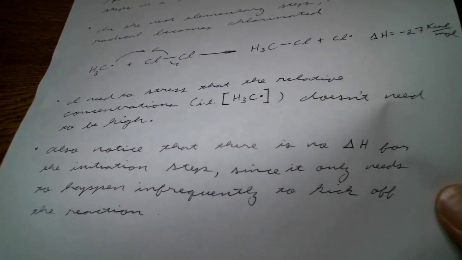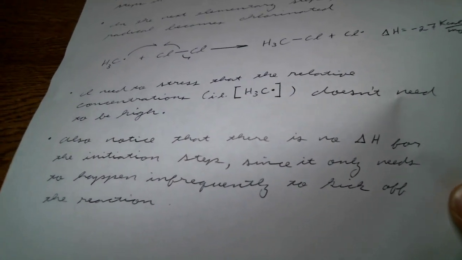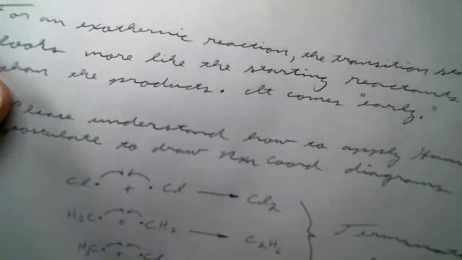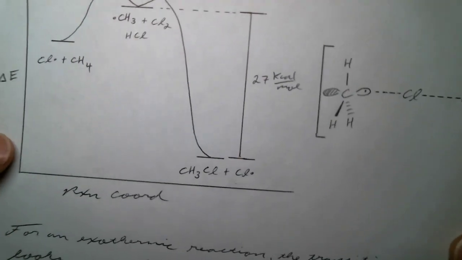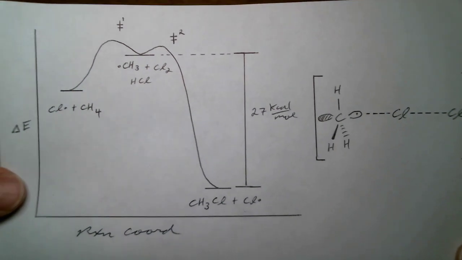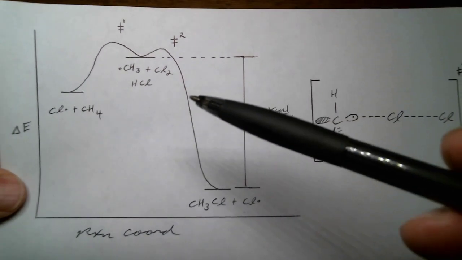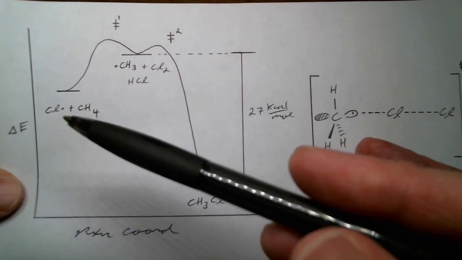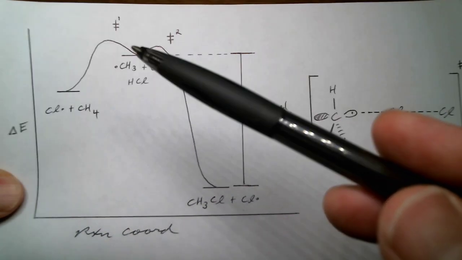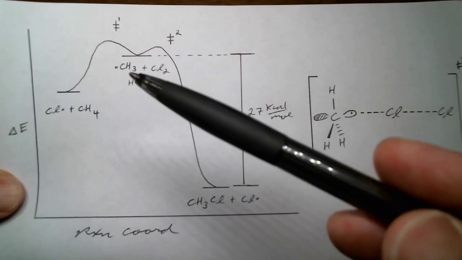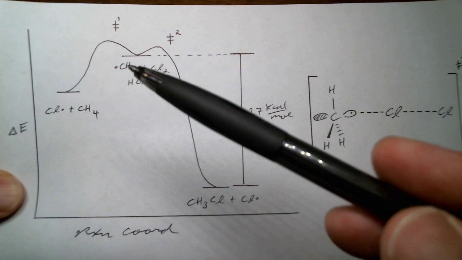So, in terms of an energy versus reaction coordinate diagram, now I've put together our first elementary step, where we started off with the chlorine radical and methane, and we generated a methyl radical and HCl.